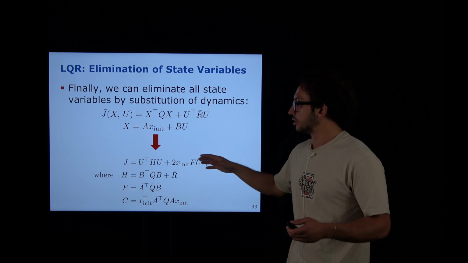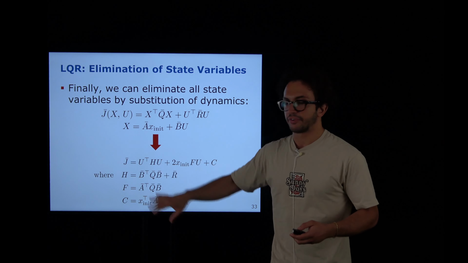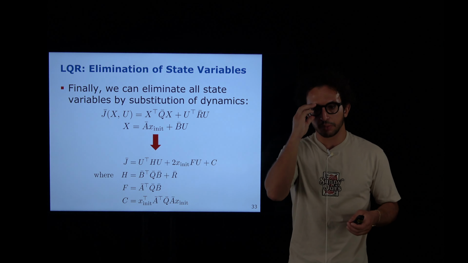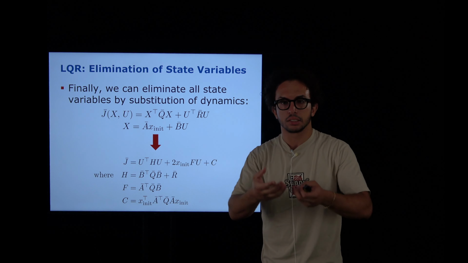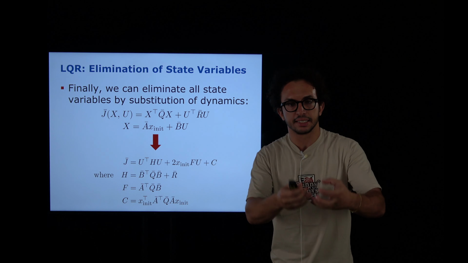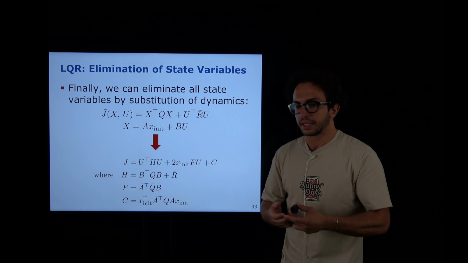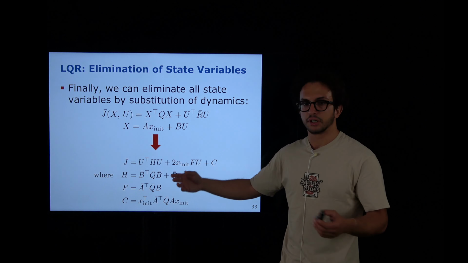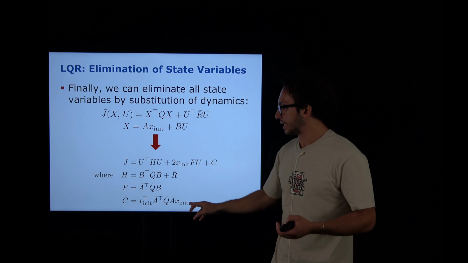So we have this new cost function here with matrices that are defined in a way like this. And the important thing that you have to remember about this is that X init is known, is a number, in the sense that it's something that is given, not something we need to optimize. H and F do not contain U nor anything else. C is only X init.